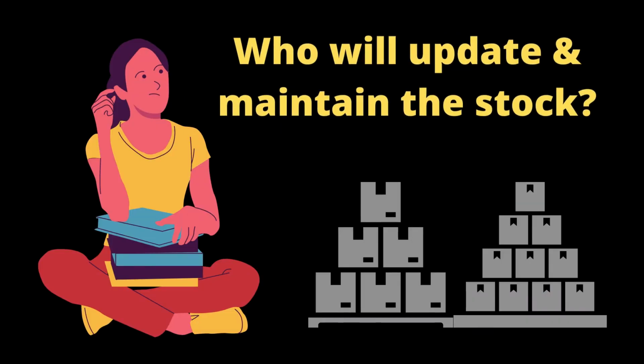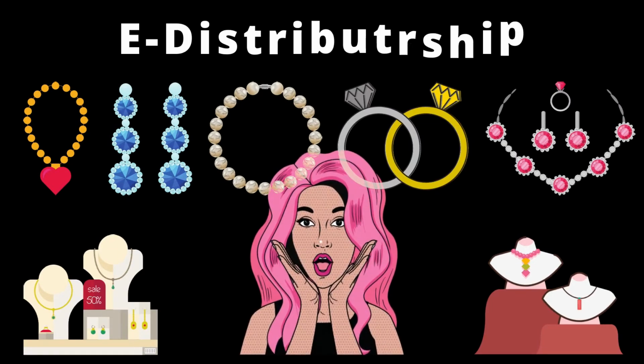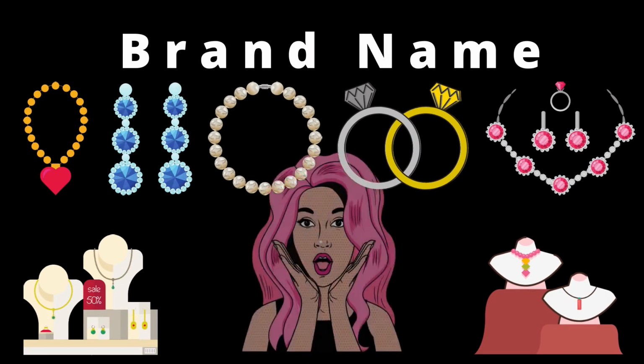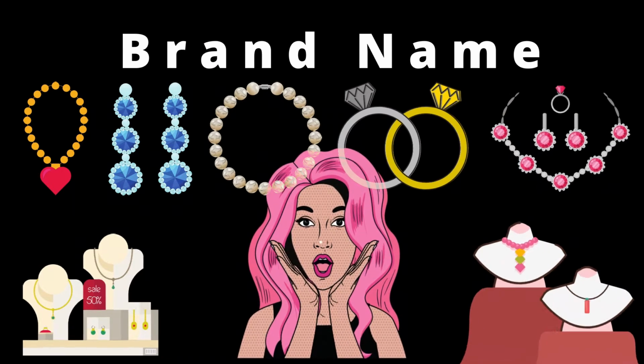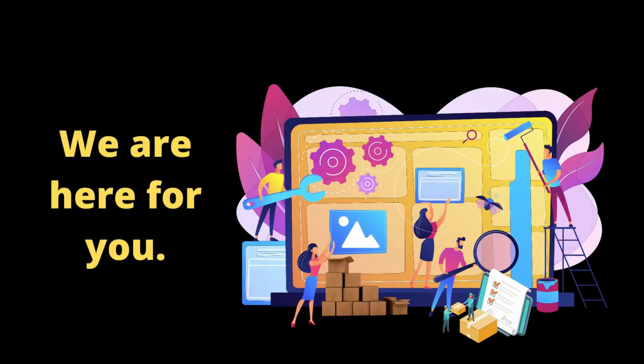Mostly what people ask us is, who will update and maintain the stocks on my website? As you know that we are offering an e-distributorship where you will have the opportunity to display all our huge jewelry stock at your website by your own brand name. Updation and maintenance of our jewelry, like all new designs, will be updated daily at your website, and so removing sold out items will be done by us.